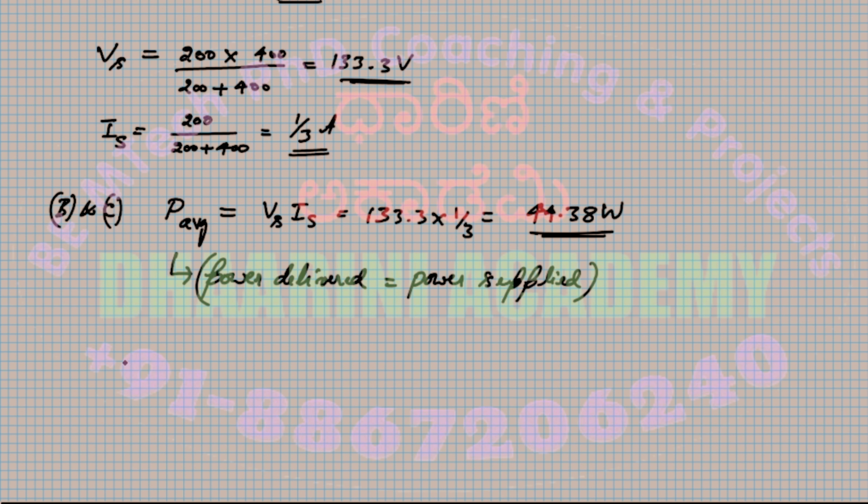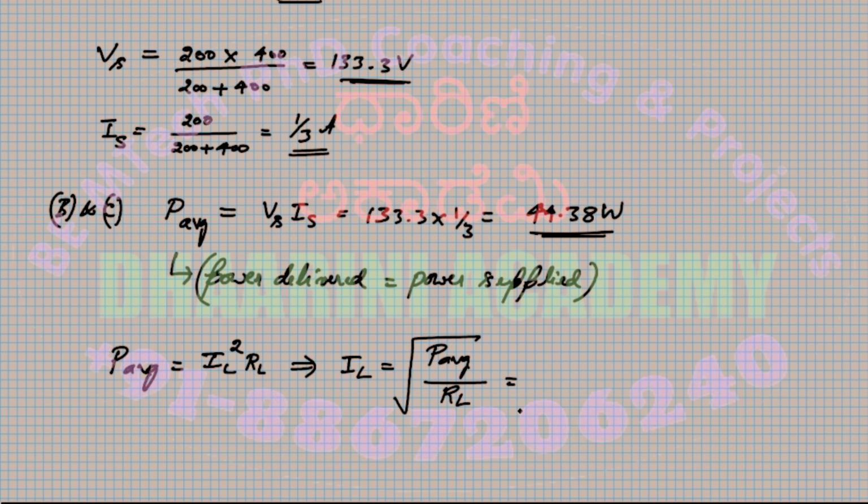Now you calculate the current. The same power, P average, at the load side, you can write as IL, load current square times RL. Because this is the one equation which I can use to calculate IL. So if I want to calculate IL, this is the square root of P average divided by RL.